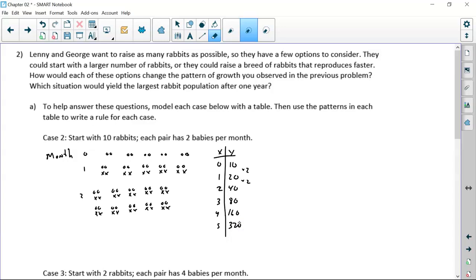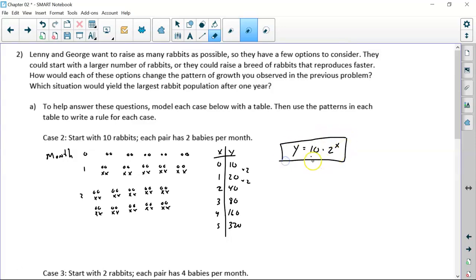That's a lot. So we can write a rule. It's going to be our initial amount, the starting amount, and our multiplier. Now our initial amount for this, we started with 10 rabbits, times our multiplier is 2, because it's doubling each time, to the x. That's our rule.